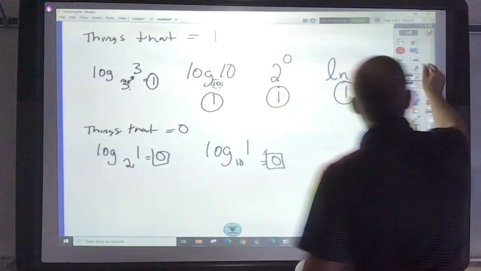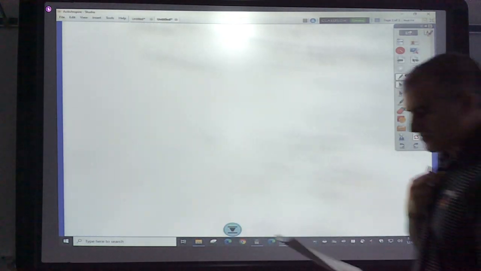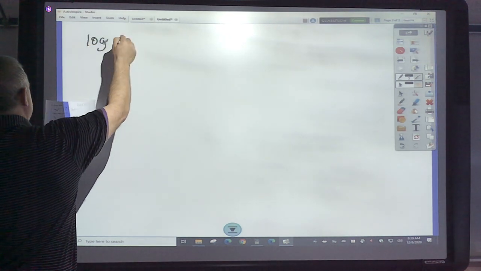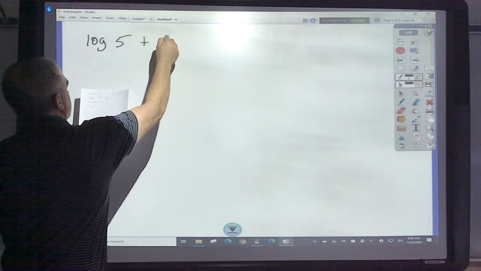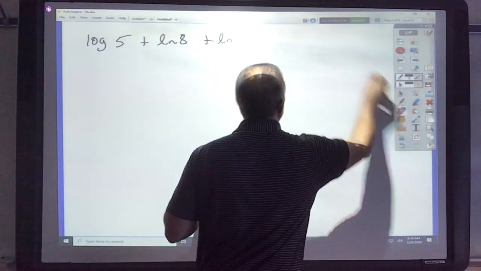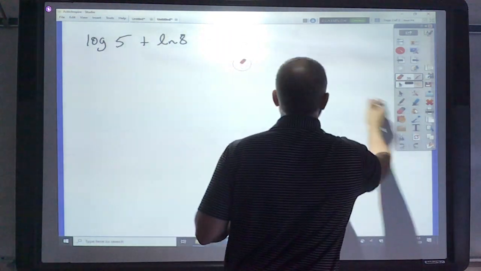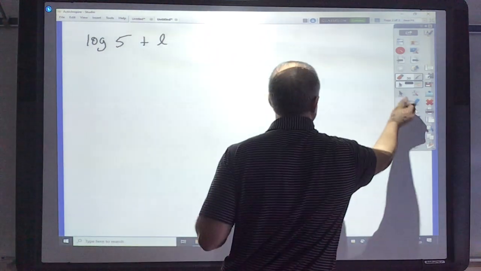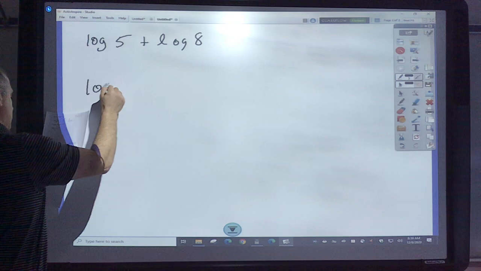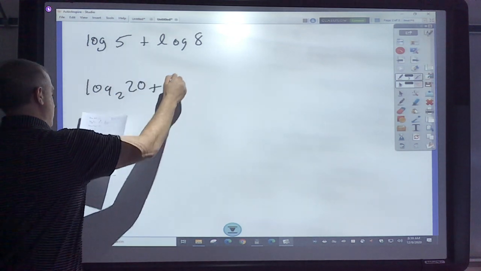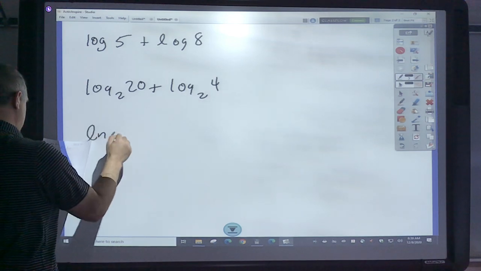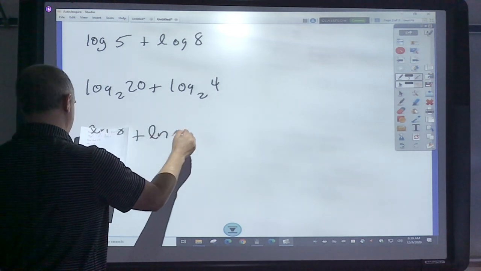Okay, let's talk about a couple of properties in here. The first one is, go ahead and write these examples down. Log of 5 plus log of 8, log of 20 plus log of 4, and natural log of 8 plus natural log of 9.